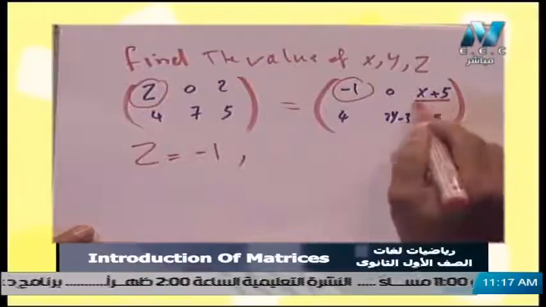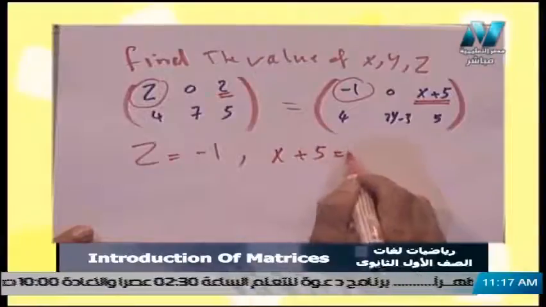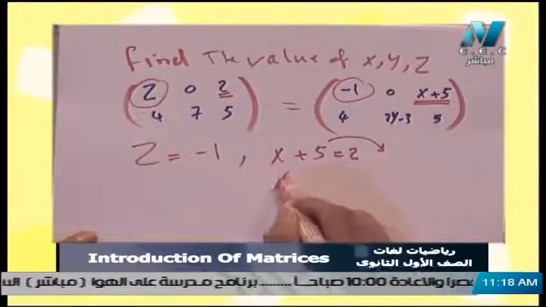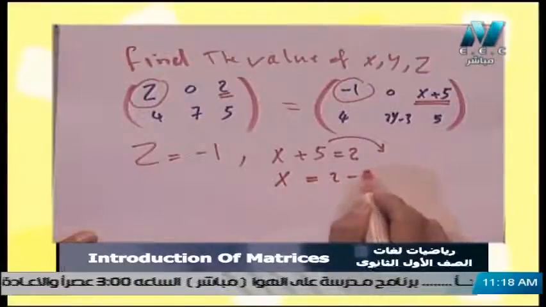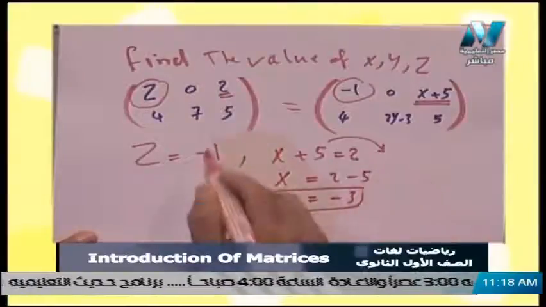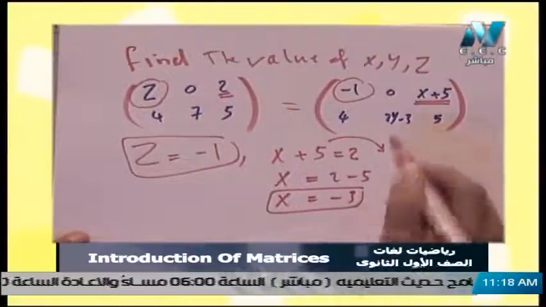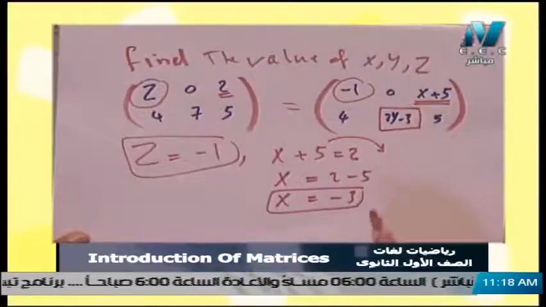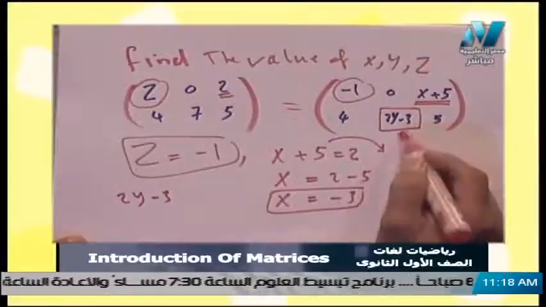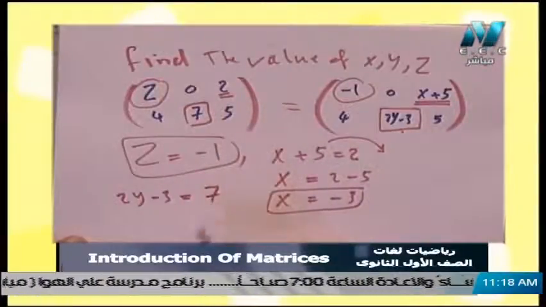And x plus 5 equals 2. And we can easily transfer 5 to be 2 minus 5. So x equals negative 3. We have z equals negative 1 and x equals negative 3. If we look at this element here, which is 2y minus 3, this element of course equals 7, the corresponding element for it.